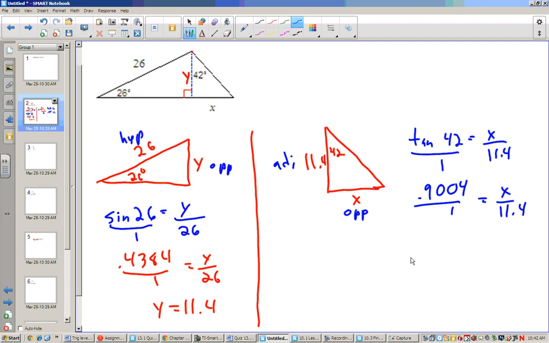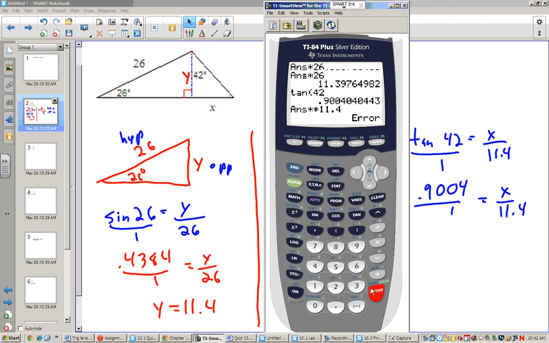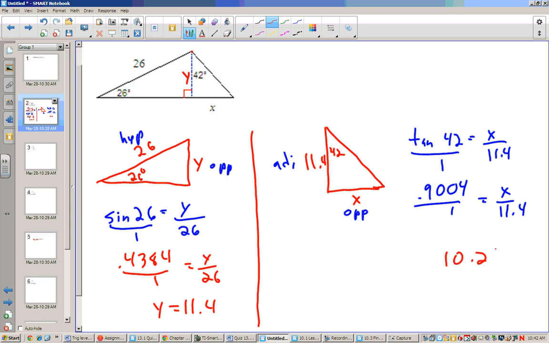Now when I cross multiply, I would do that times 11.4 to get an answer of, quit. Oh, I hit that twice, didn't I? That is a bummer. 10.26. So our x value in this problem is 10.26.